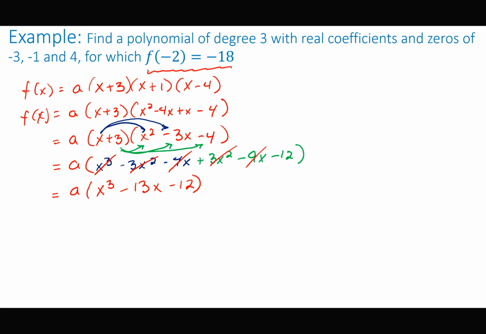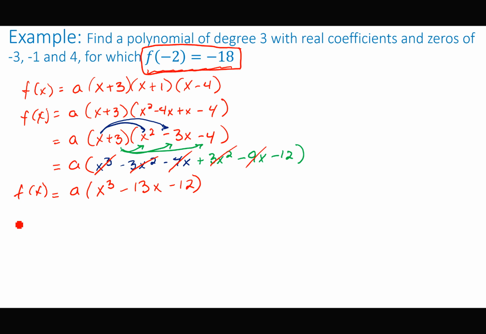Okay. All right. So this is important. We took 3 binomials and we multiplied them. We got this 3-term polynomial, which is just a cubic. Now we can use this initial condition that f of negative 2 equals negative 18.